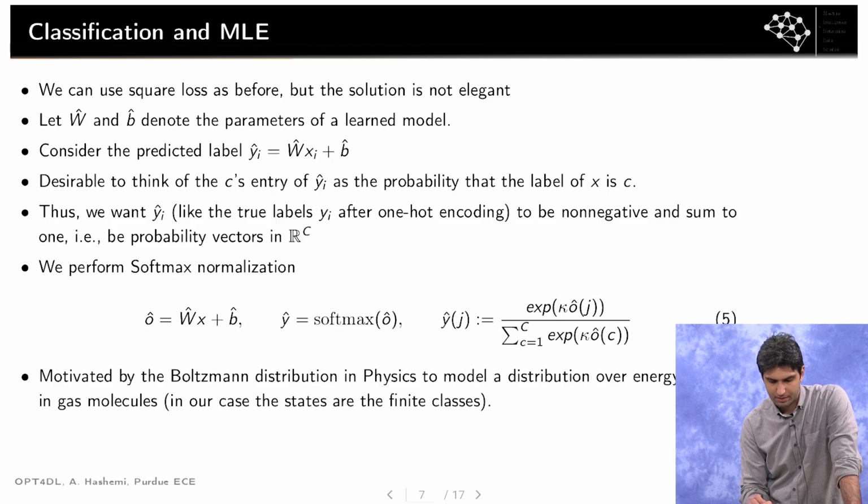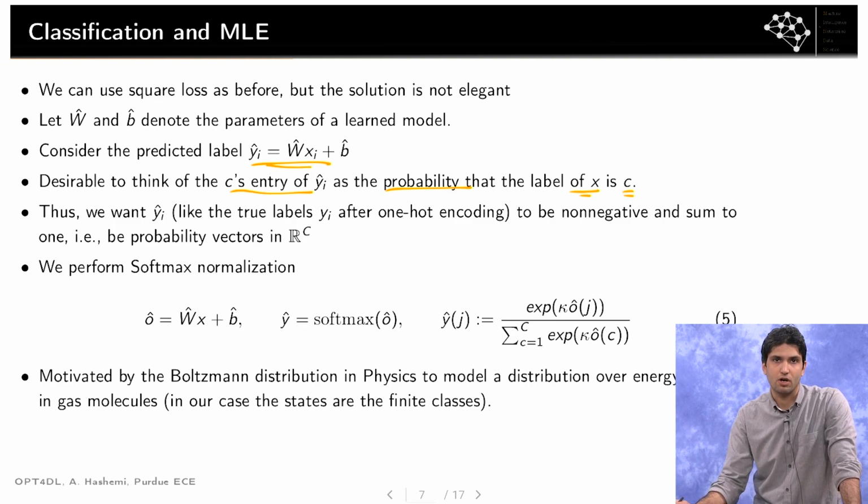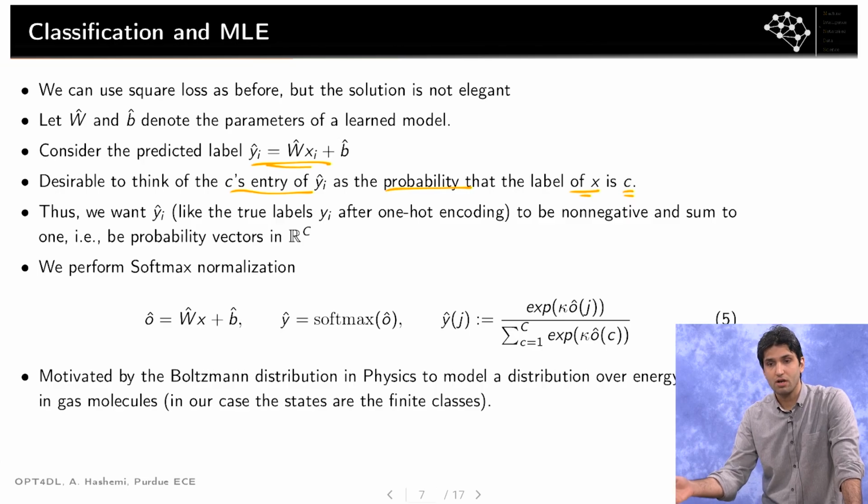Let's call them W hat and b hat, and then we have this linear relation. As I mentioned, it is very desirable to think of the c-th entry of the output as the probability that the label of this input x is c. For instance, this is an image of a dog. So if class 1 is the class of all cats, class 2 is dogs.